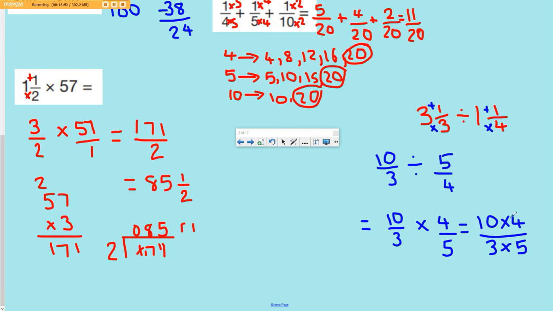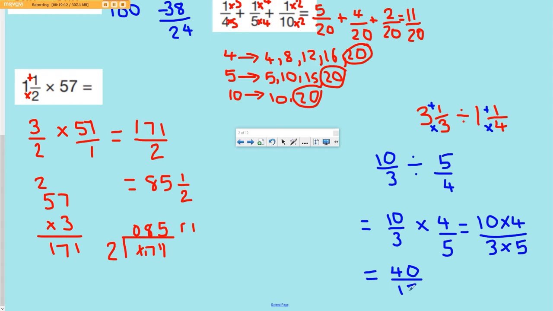But every time I try doing that equivalency method, it's a struggle. So I just said, because at least I know you will pick up a mark, if you did 10 times 4 give us 40 upon 3 times 5 give you 15.